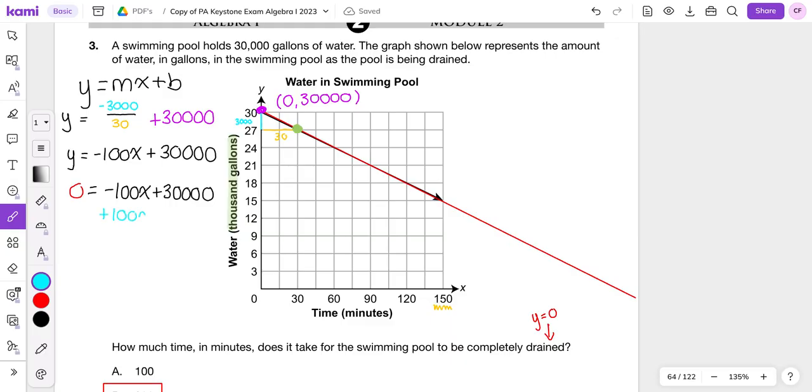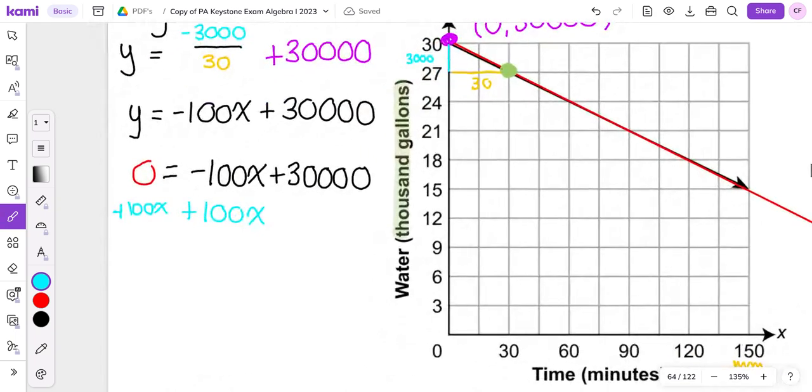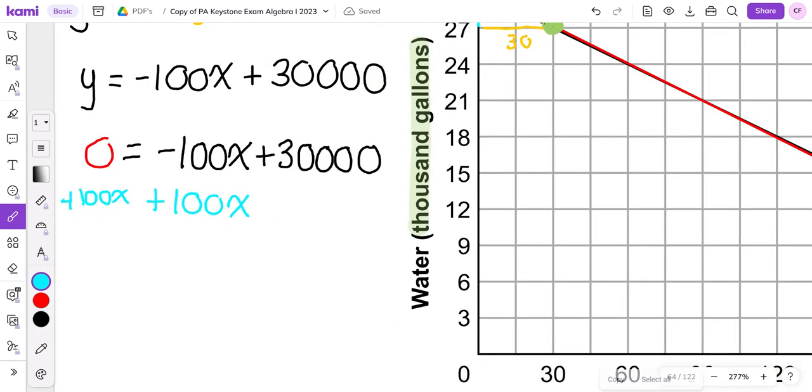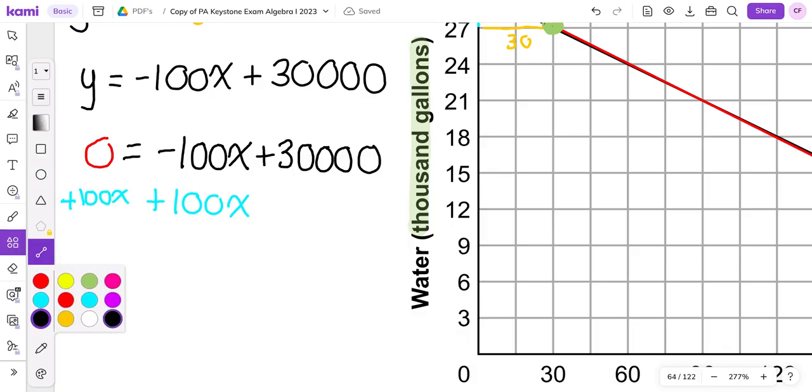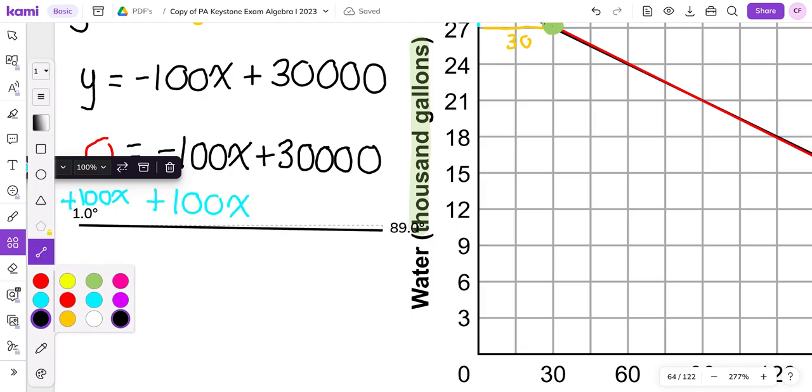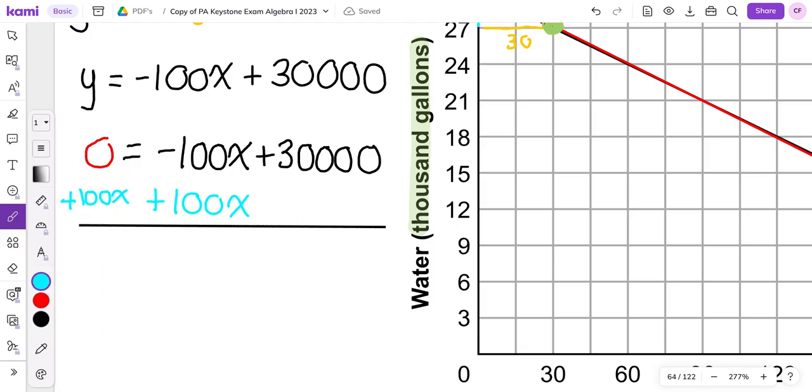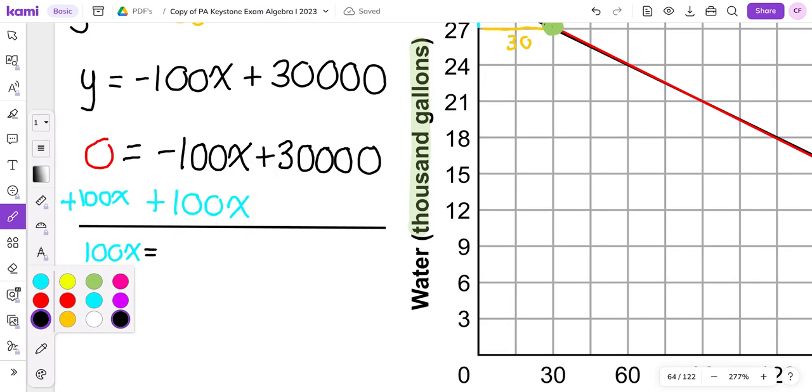Add 100x to both sides of the equation. When I do this, I then get my 100x equals 30,000.